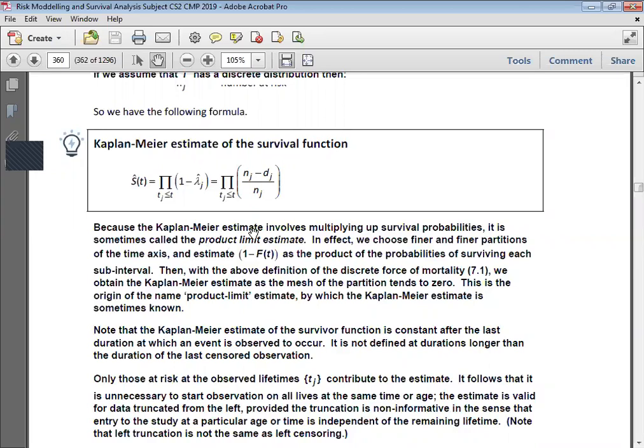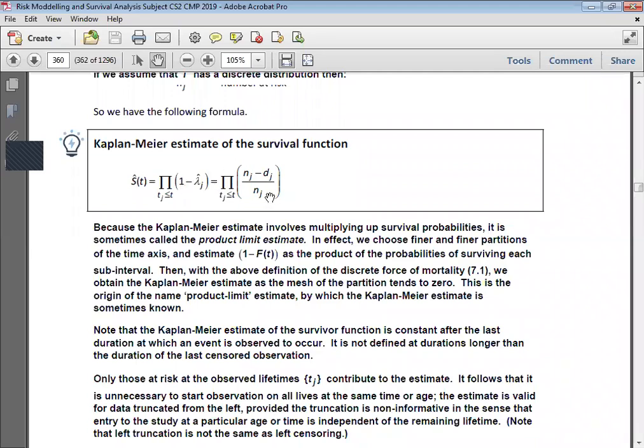Limit because we create these intervals, right? We divide the actual time of observation into some shorter time intervals, and we expect the mesh of these particular partitions to tend to 0, which is why you have this particular limit here.